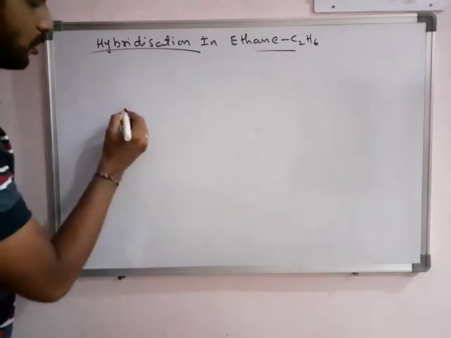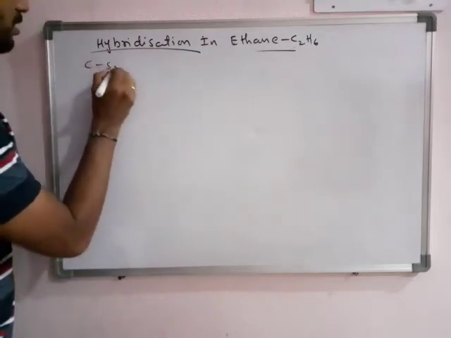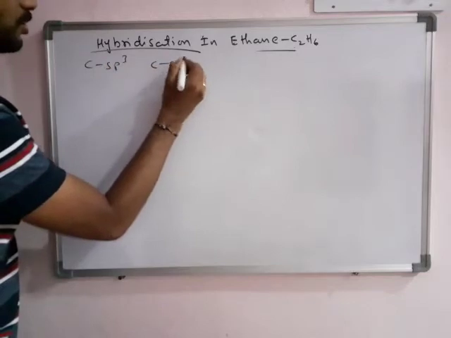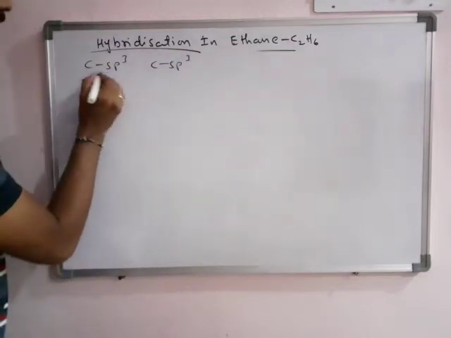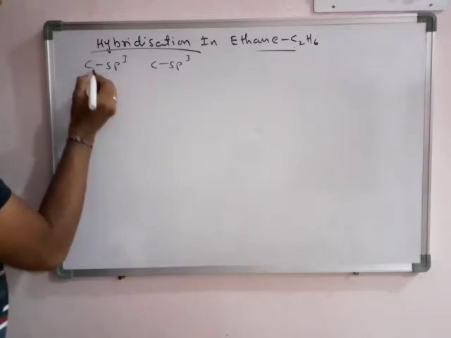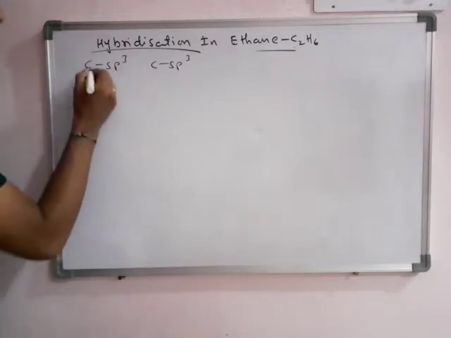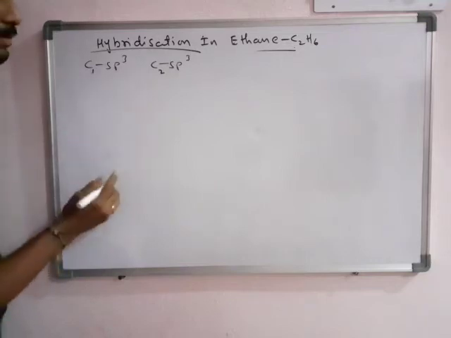So now see, we already know the 2 carbons in C2H6 undergo sp3 hybridization. Now we see the sp3 hybrid orbitals of the first carbon. This is the first carbon, this is the second carbon.